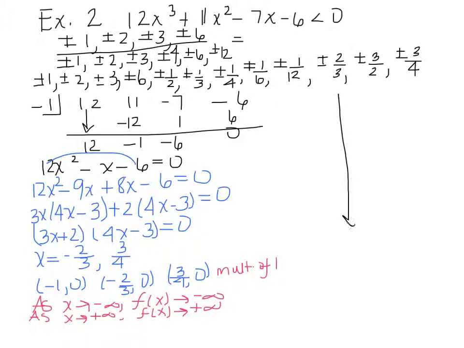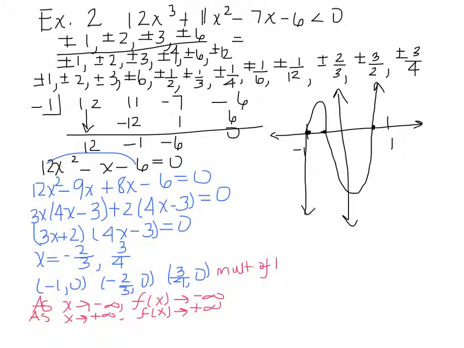So when you graph it, we have negative 1, 0, negative 2/3, and then 3/4, 0. And I'm just going to follow my end behavior and just do a sketch. And then hit the y-axis at 0, negative 6.